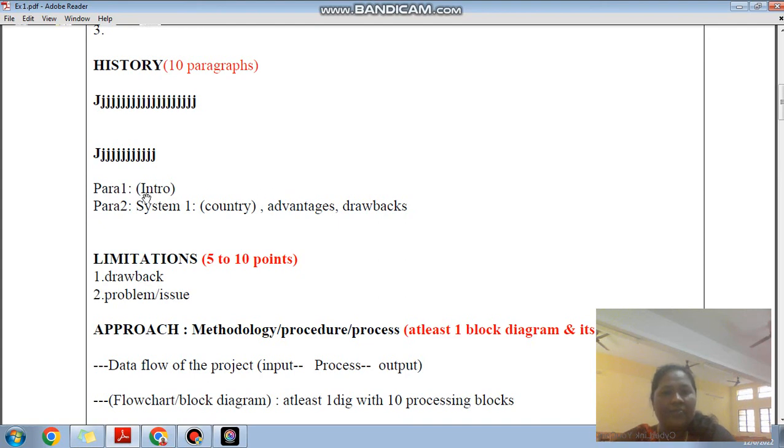So like that, you have to write some introduction as well as point out different countries, and you can write about different existing voting systems, their advantages and drawbacks. So here you're going to make some 10 paragraphs explaining the complete history, that is the survey on a particular project, the project title that you have chosen.